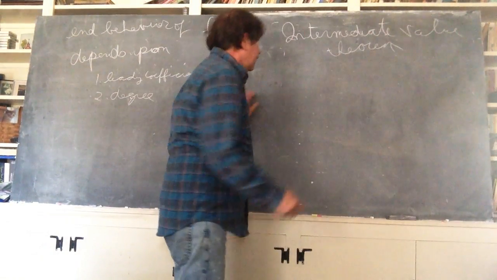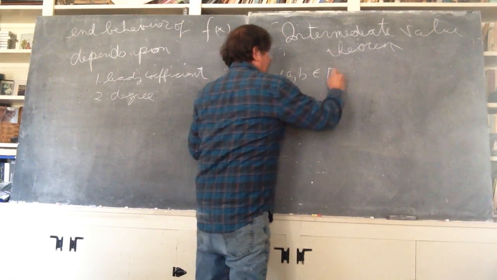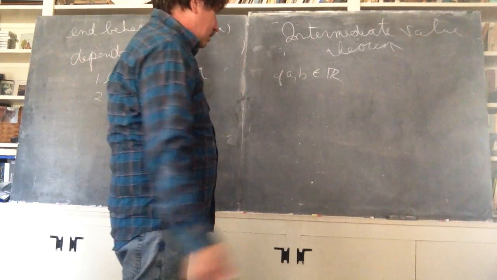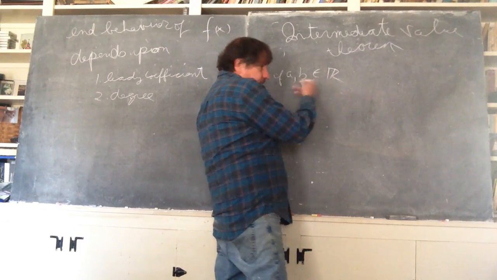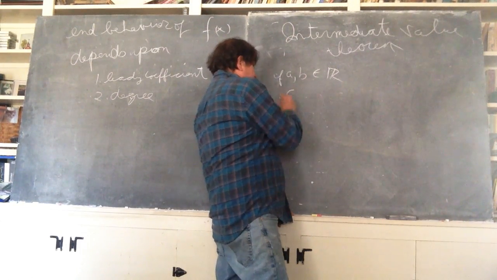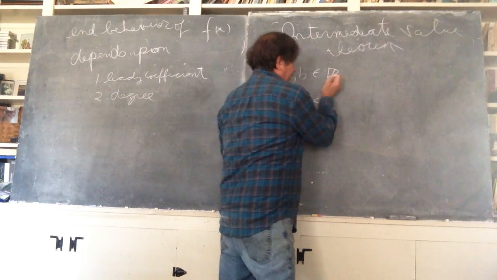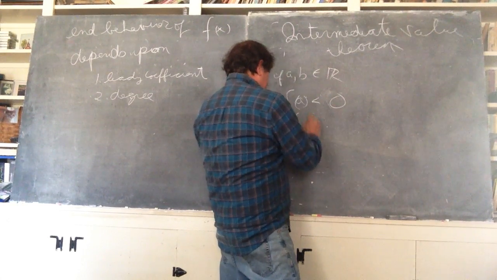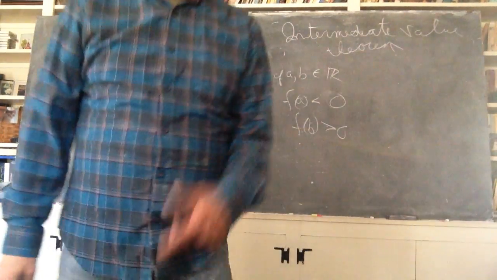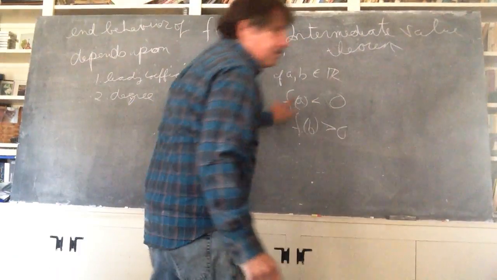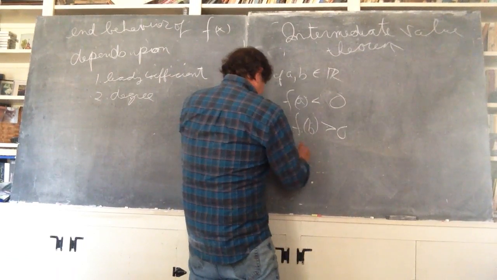All we're saying is if a and b are real numbers, somewhere on the number line, and they're different, so a is less than b, and if f at a is less than 0, and f at b is greater than 0, then there has to be a number between them.